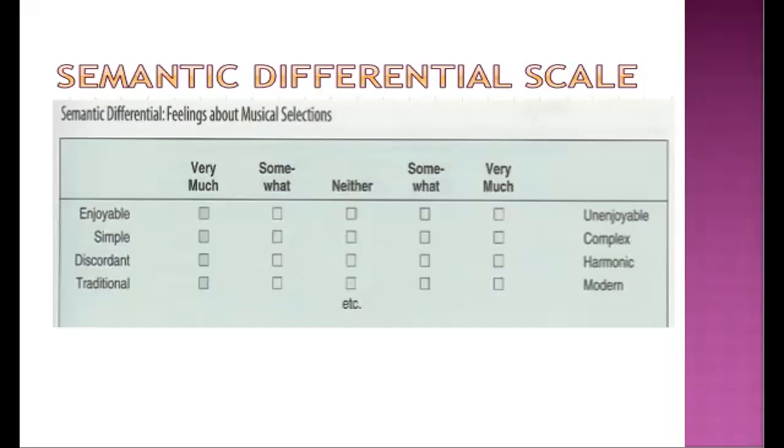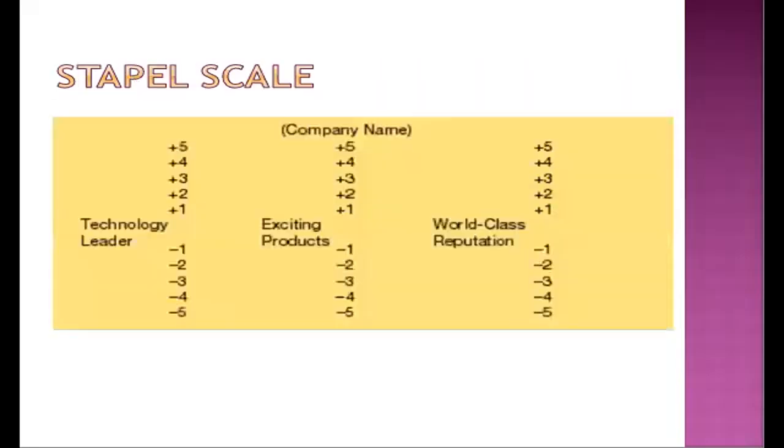For the staple scale, this scale simultaneously measures both the direction and the intensity of the attitude towards the items under study. It is a slight modification of the semantic differential scale because the scale consists of a single adjective in the middle of positive and negative numbers.